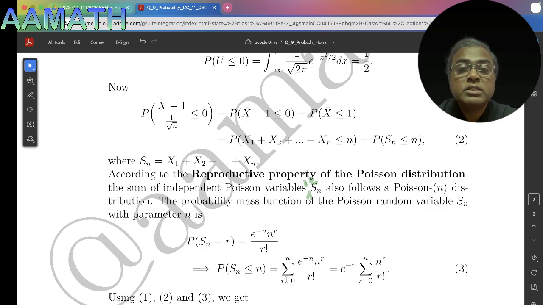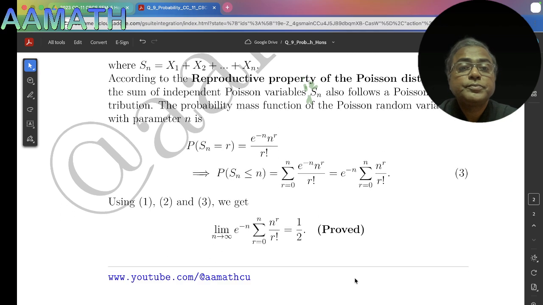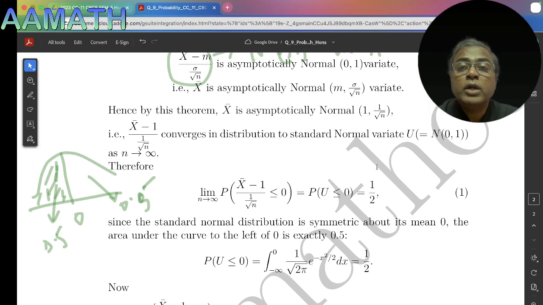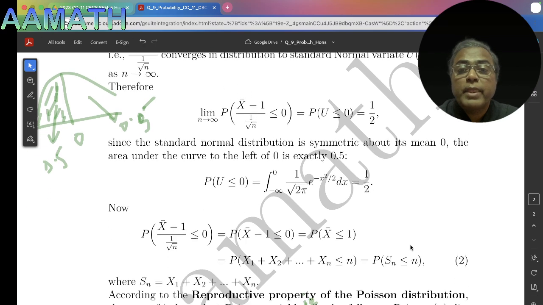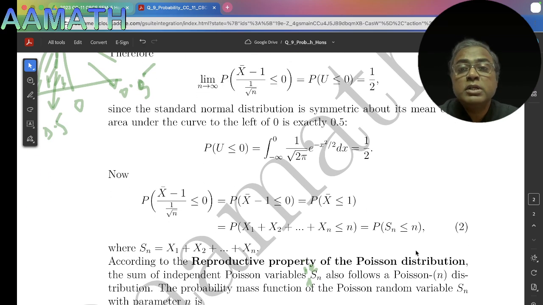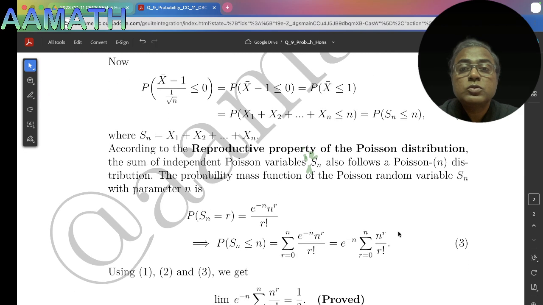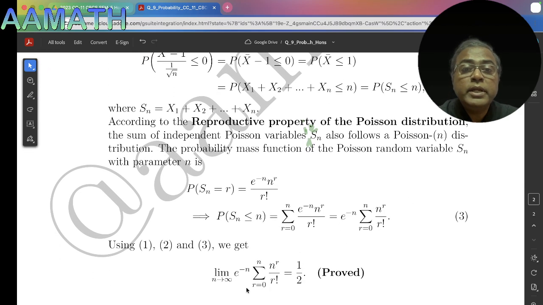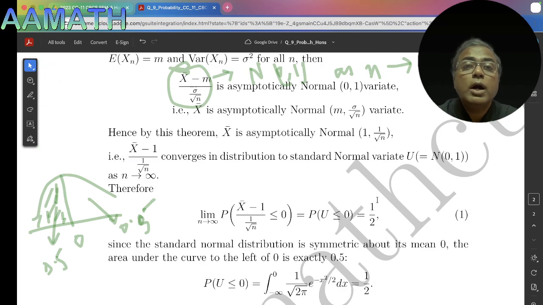Here e to the power minus n is independent of r, so it is taken outside the summation. Using 1, 2 and 3, from 1 we get half. So we get the limit as n tends to infinity of e to the power minus n, summation of n to the power r by r factorial, equal to half.